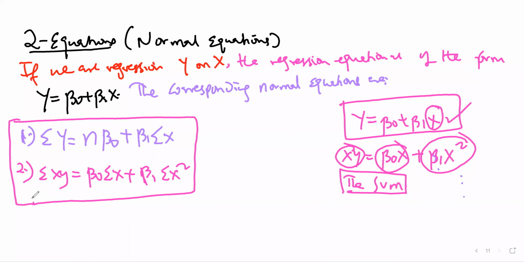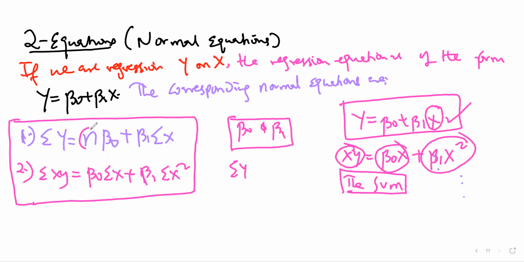So everything in these equations is known except those two guys, beta naught and beta 1. Those are the only ones not known, and they are the ones that we want to find. They are the ones that we want to solve and get. Summation of y, you'll get it from your data. You just need to sum the values of y.